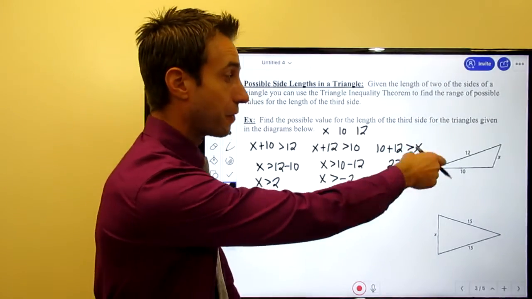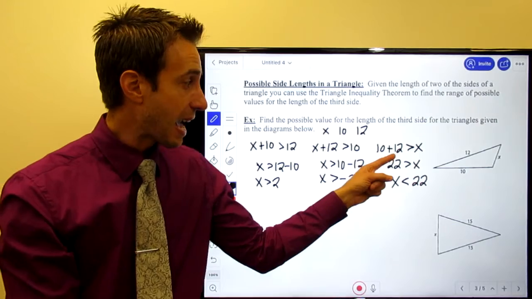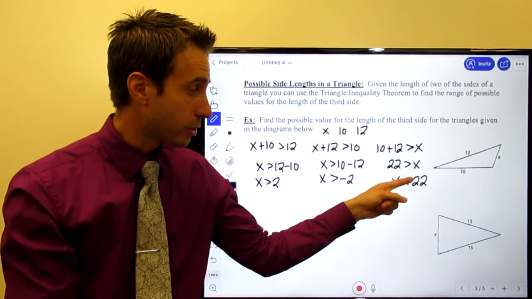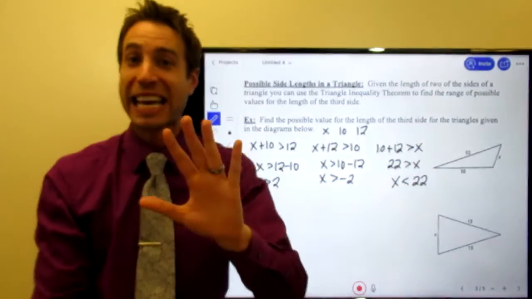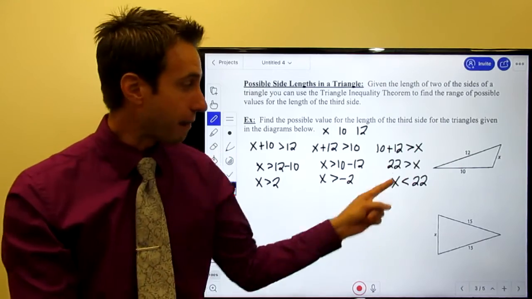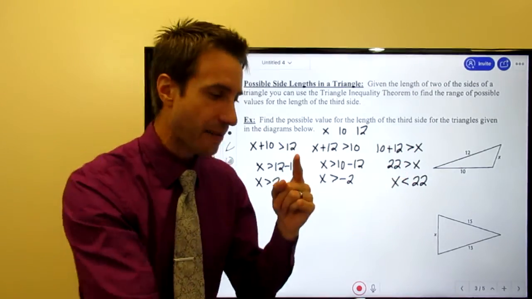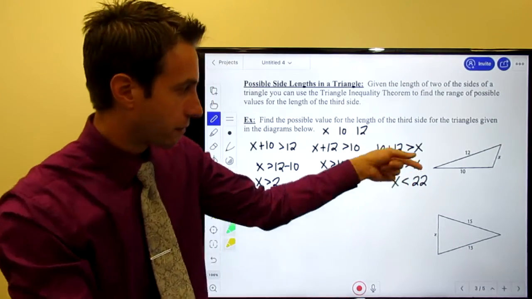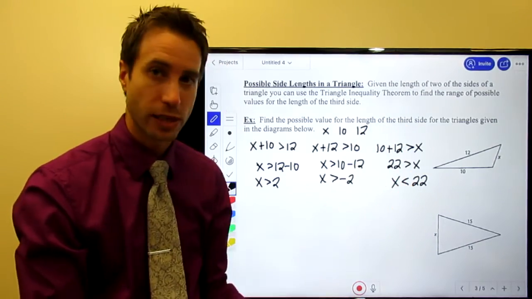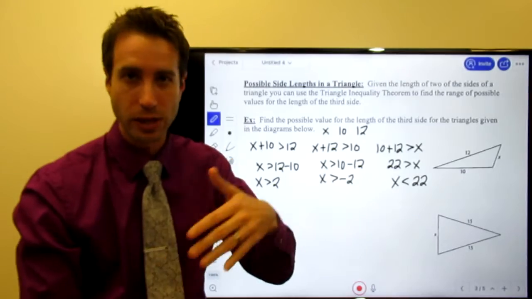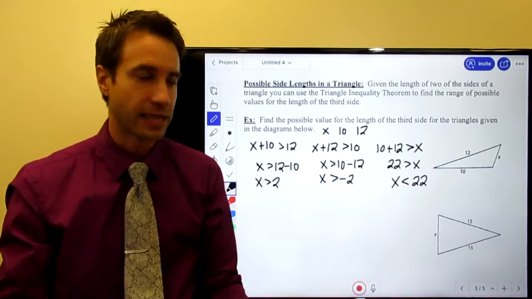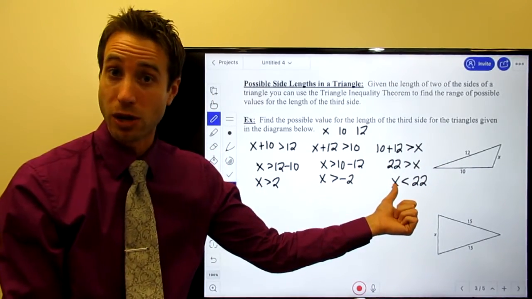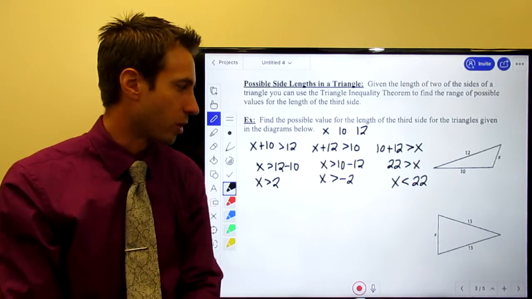It might look like I've flipped my inequality, but I haven't, I've just turned it over. x is less than 22 is the same thing as 22 is greater than x. They mean the exact same thing, but now my variable is on the left. Absolutely what you want to do.